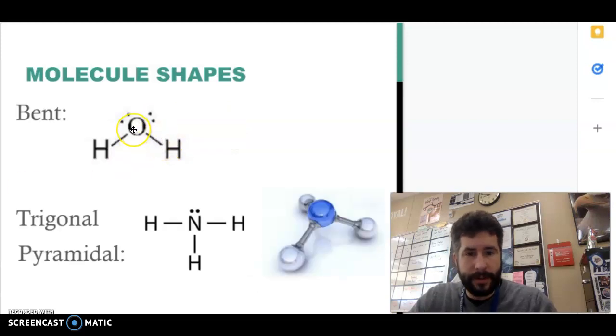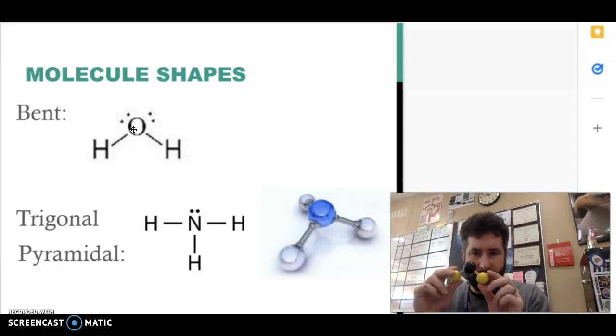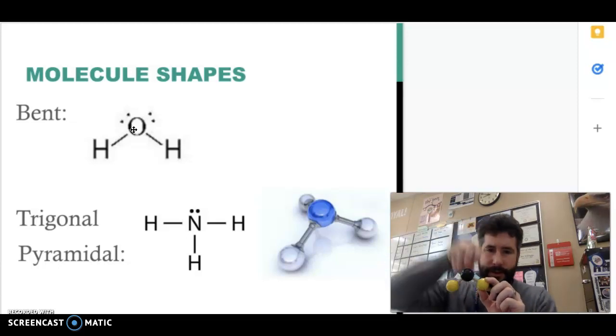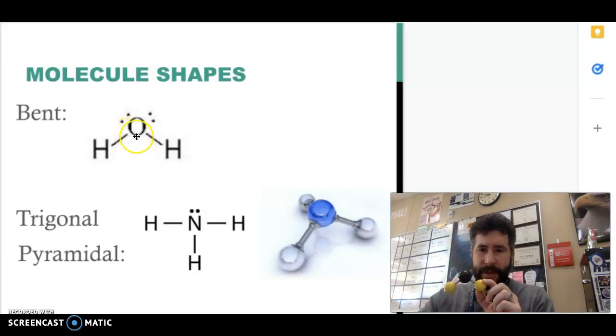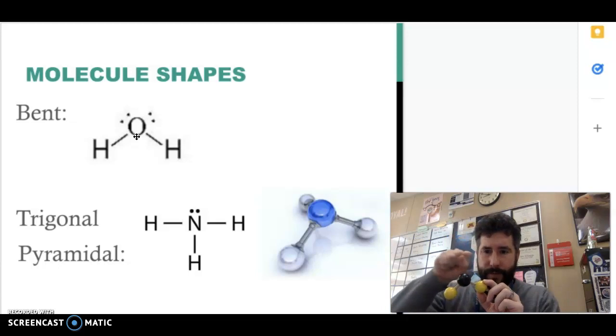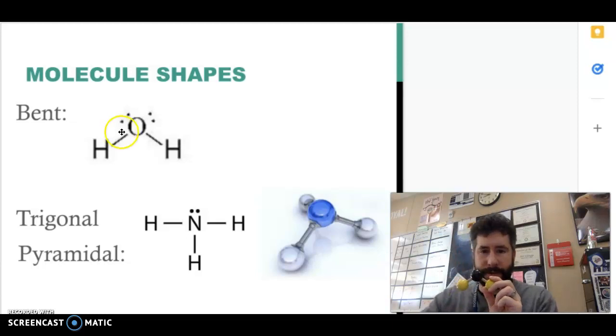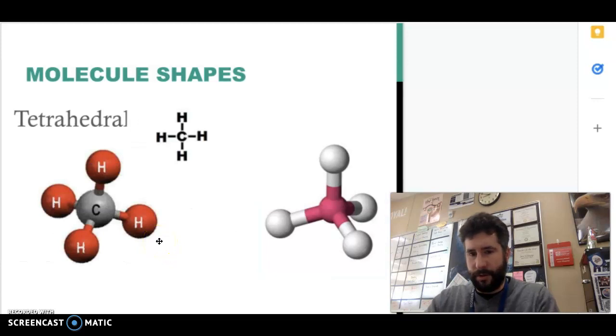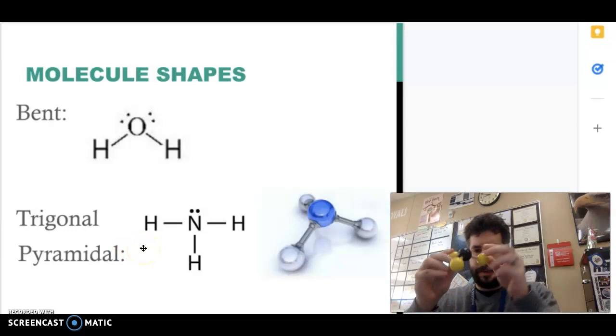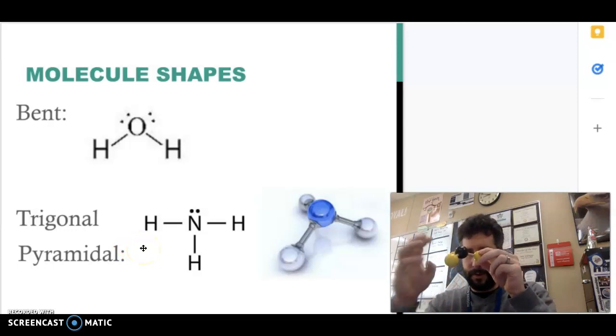The bent ones, it starts to look like this. It's bent because you have unshared pairs. There's actually 2 unshared pairs here on oxygen. And so the reason for that is, think about, you're holding 4 balloons around the oxygen here. You've got 2 bonds and then 2 unshared pairs. Likewise with the trigonal pyramidal, you're actually holding 4 balloons here.